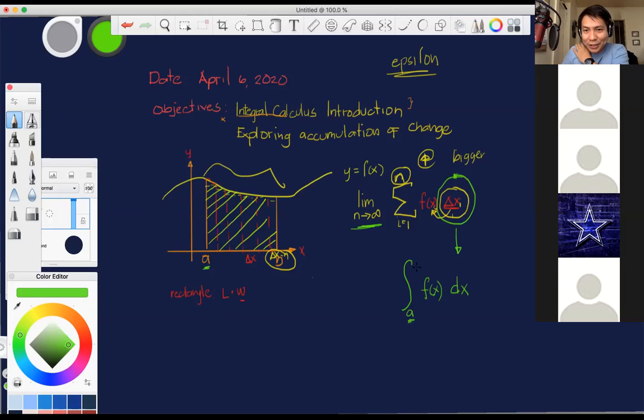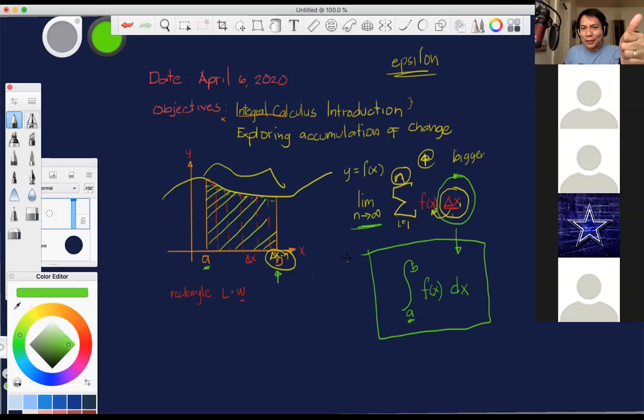All the way to where, guys? n? Or in this case, b. So this is what our basic integral calculus is all about. It's all about the summation of very, very small strips. You guys good?